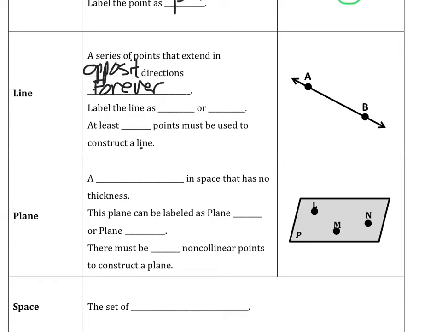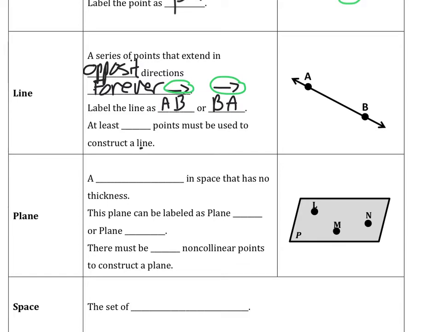We label this line as AB, and we put a little line above those, or we could label it in the opposite direction, BA. But you always need to make sure that you have these little line indicators over the letters so that whoever is looking at this knows what figure you're talking about.